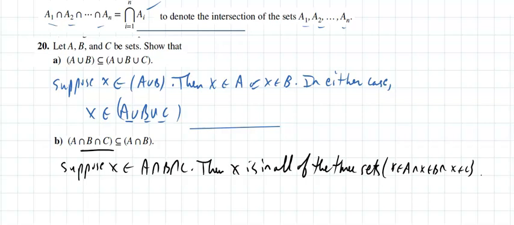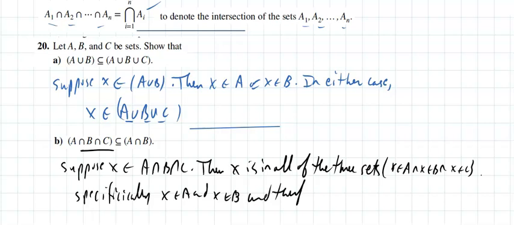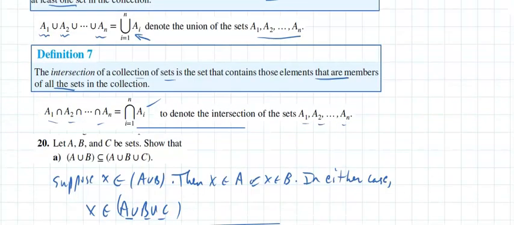So specifically, X belongs to A and X belongs to B. And therefore, X belongs to A intersect B. There it is.